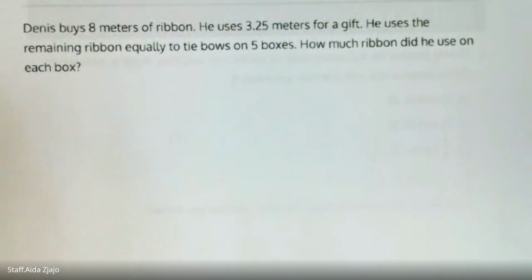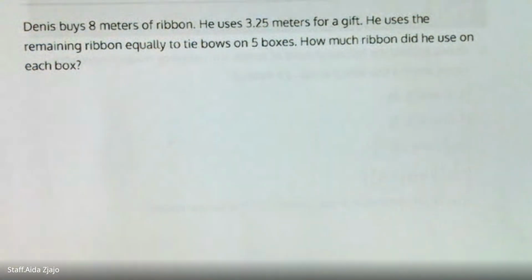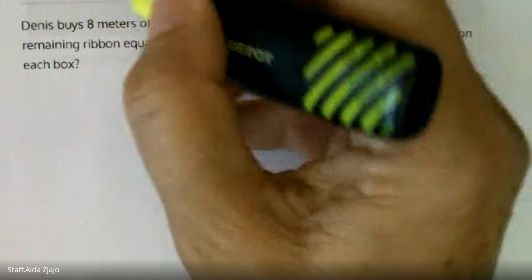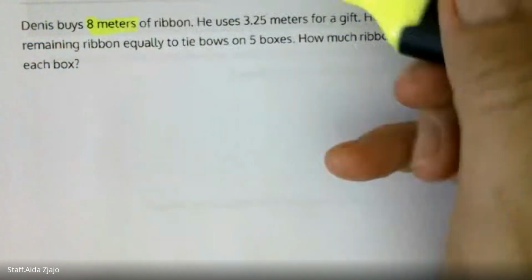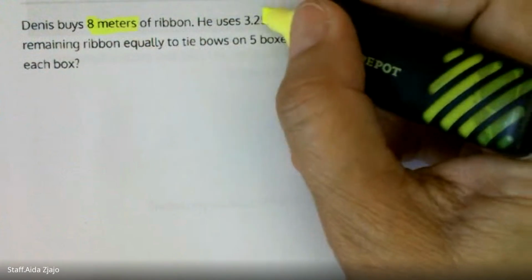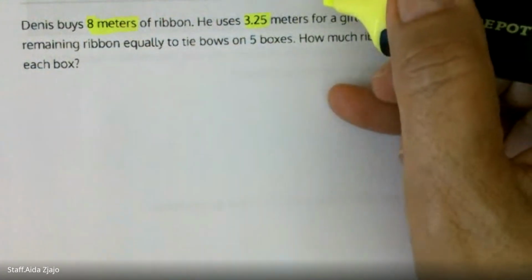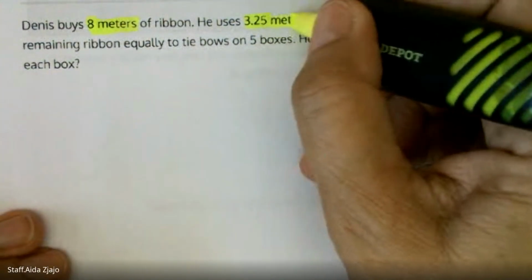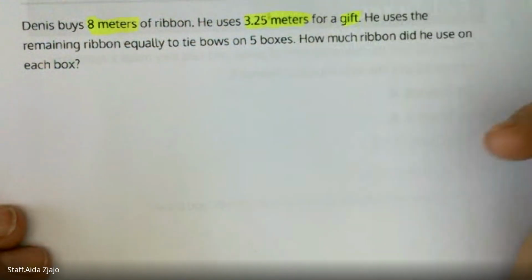Okay, let's see what the problem is about. Dennis buys 8 meters of ribbon. So, 8 meters of ribbon. He uses 3 and 25 hundredths of the meters for a gift.